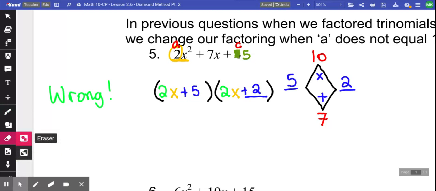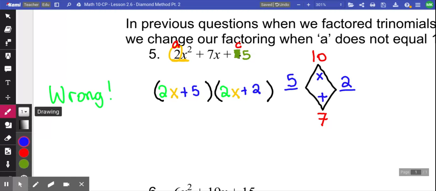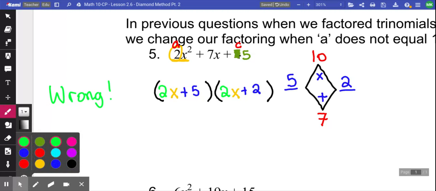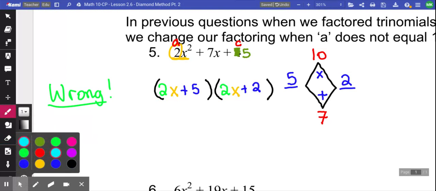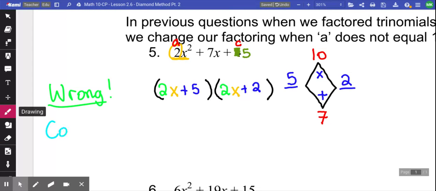Awesome. That is not my answer. The reason I know it's not my answer is because I know that these 2's are wrong. Remember, I can't have both of them. So I need to correct my mistake. So what we're going to do to correct our mistake is we are going to divide one of those binomials by 2.